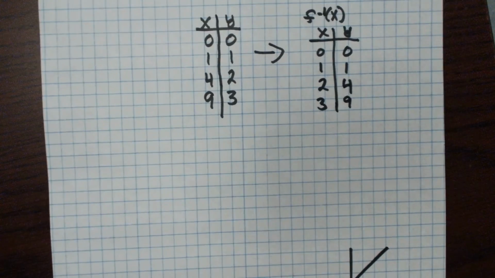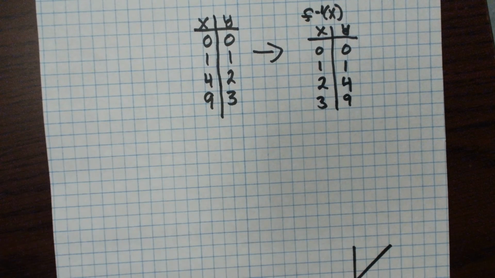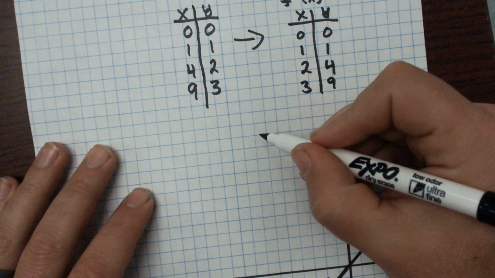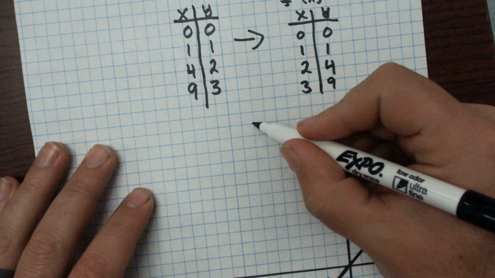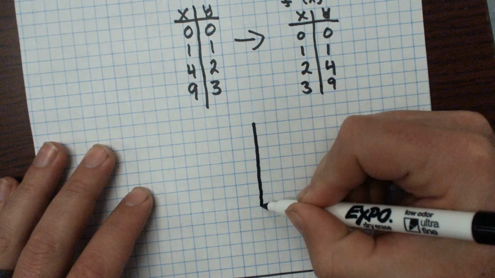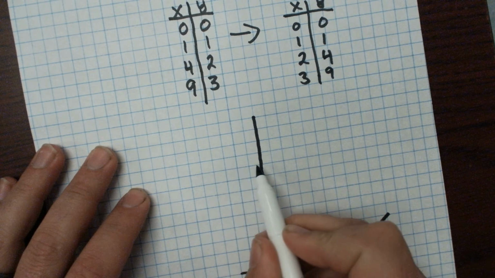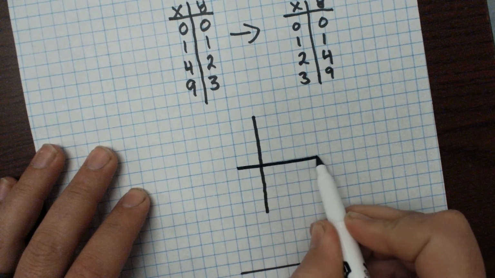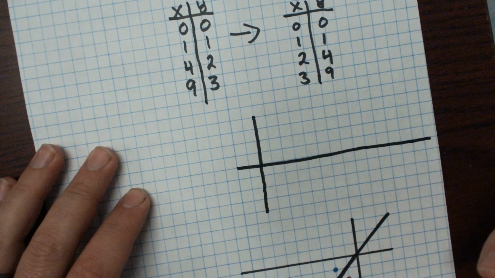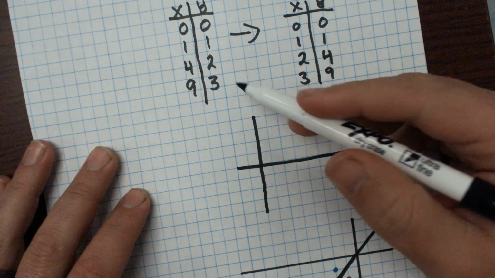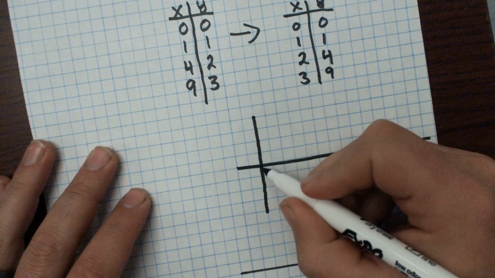Okay, so let's take a quick second and see what those graphs would look like. I'll just do that real quick without the ruler, so I don't take too much of your time. And we know it's a little bit challenging to plot some of these points when you have a large number like 9. So I've got (0, 0).